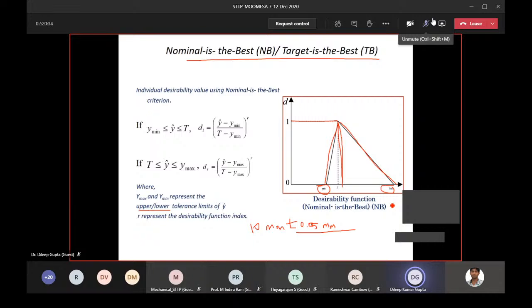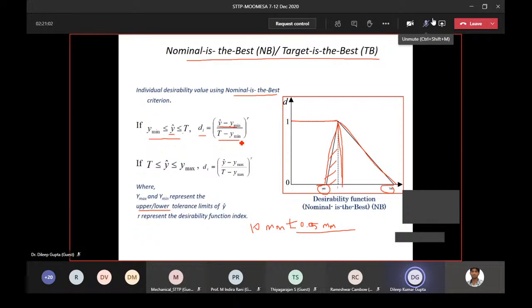Now in this condition, when the nominal is best criterion is used, if y lies between y minimum and the target value, we are dealing with this side, right? In this condition, the value of di is given as y minus y minimum divided by the target value minus y minimum.